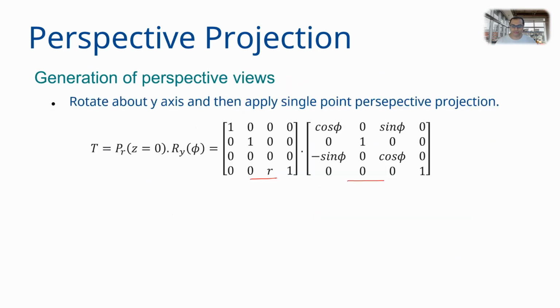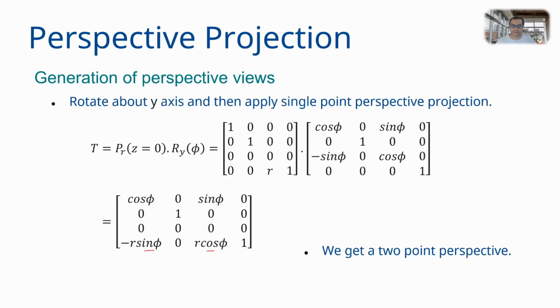And this is proved by this simple multiplication of matrices. You rotate your world, so the world point is going to appear here as a vector. So you rotate your world about the y-axis and then you take a single point perspective.